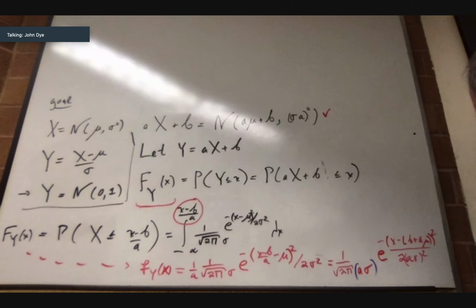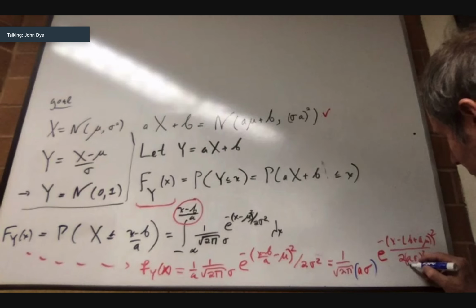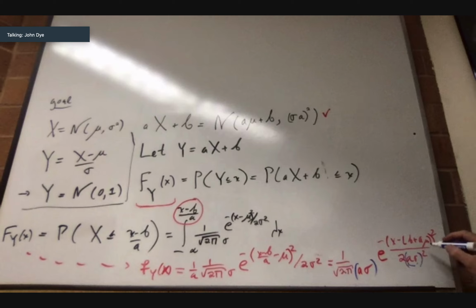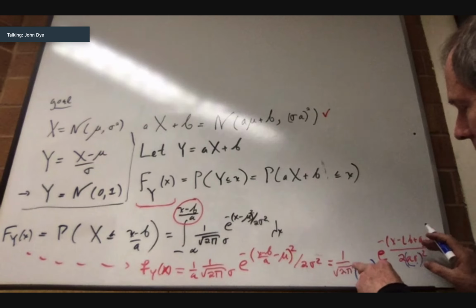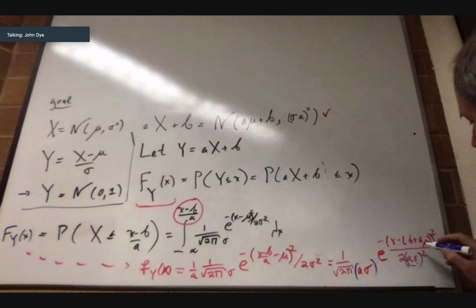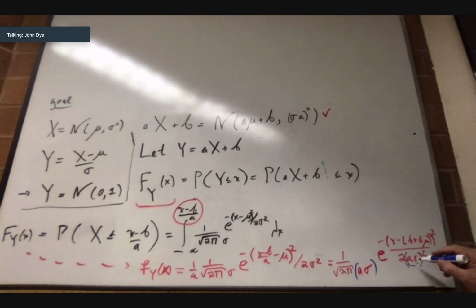So this here, that makes sense. So you normally have a sigma squared. So this is the same thing that we have over here. And what's the new mean? So this is the density for a normal random variable with mean b plus a mu and variance a sigma squared.